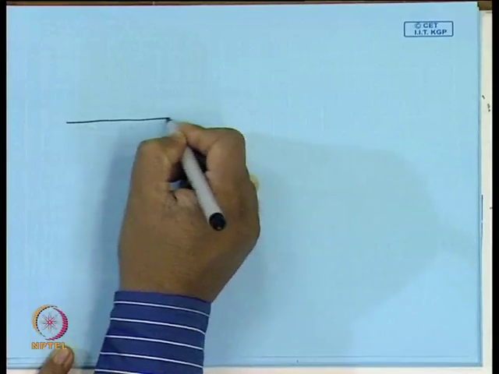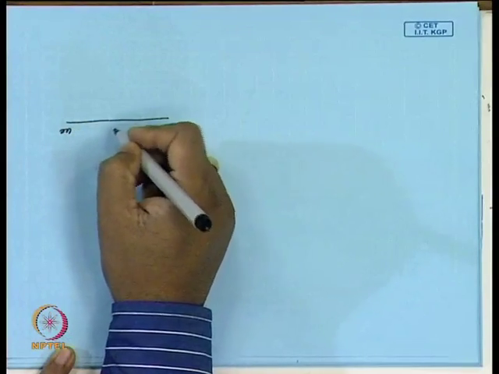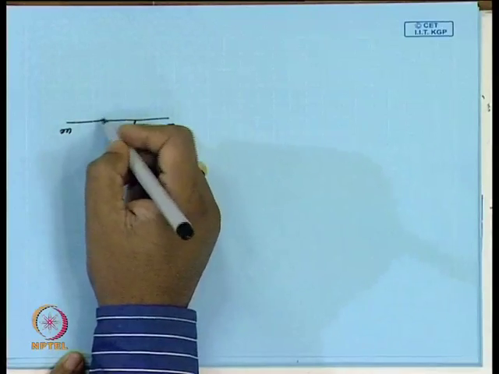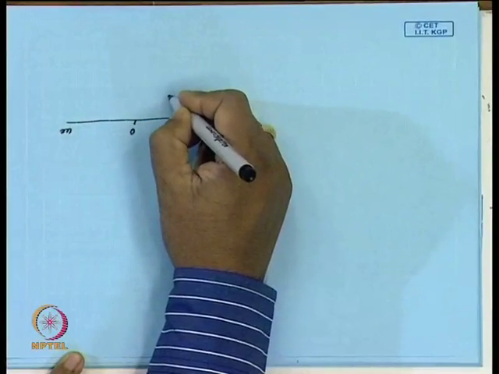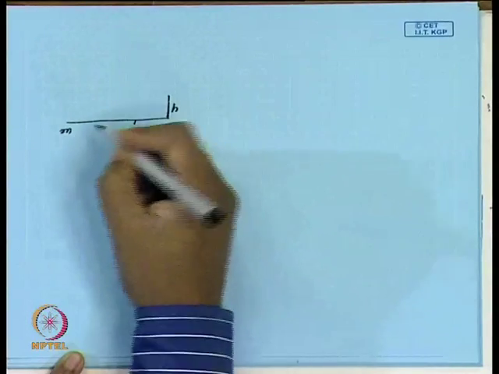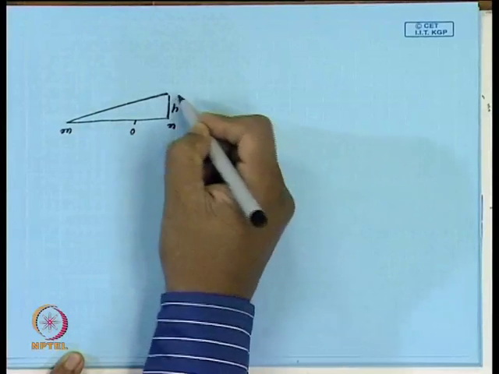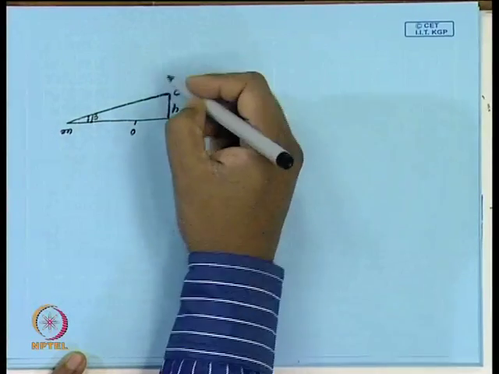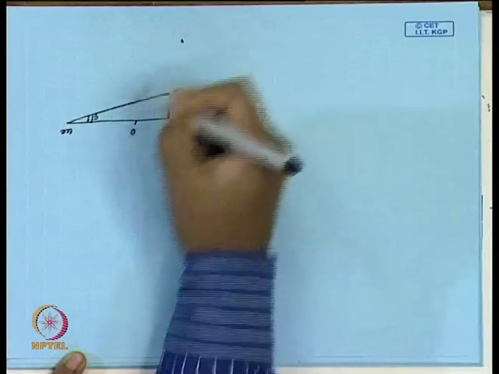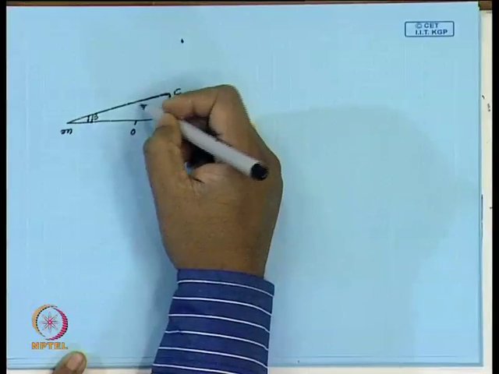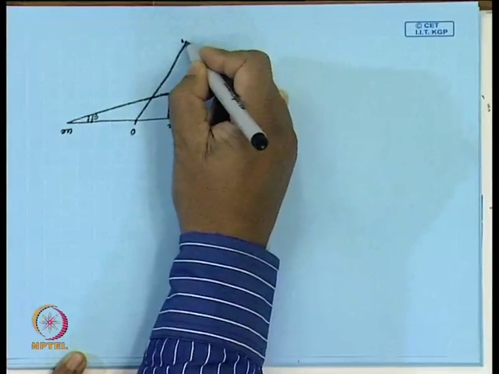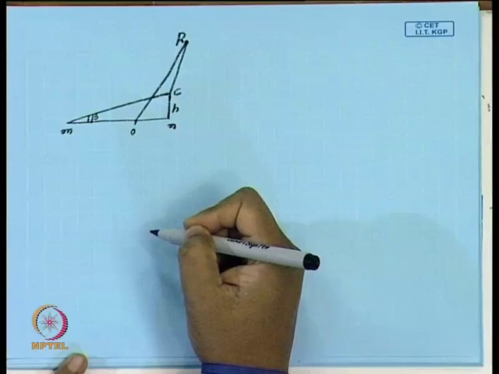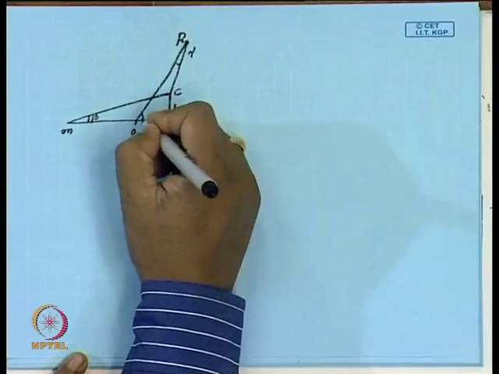Basically, I have this point M, then O is somewhere here, just a, then I have N here, and then there is a vertical section, that is H, and this angle is beta, and this point is C. Then P is a point somewhere here, O P, and this angle is called gamma, and this angle is theta.